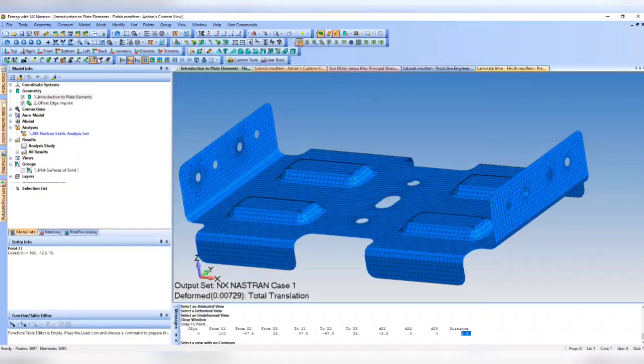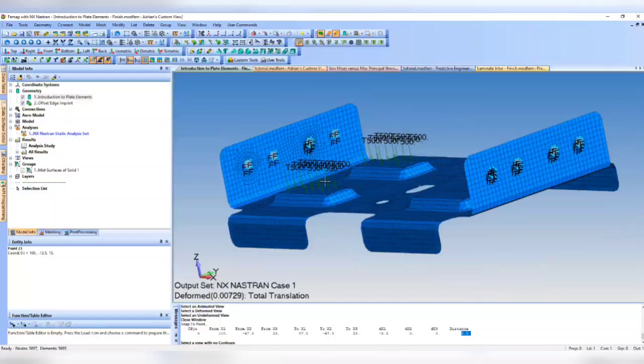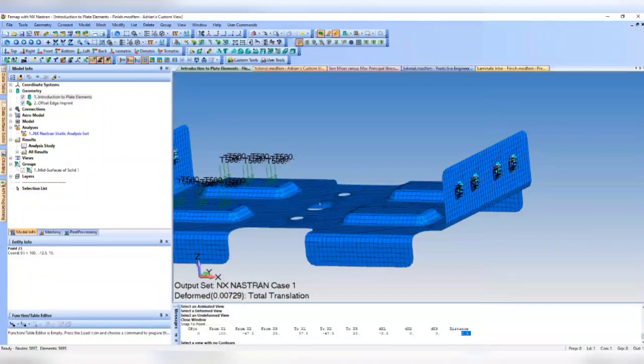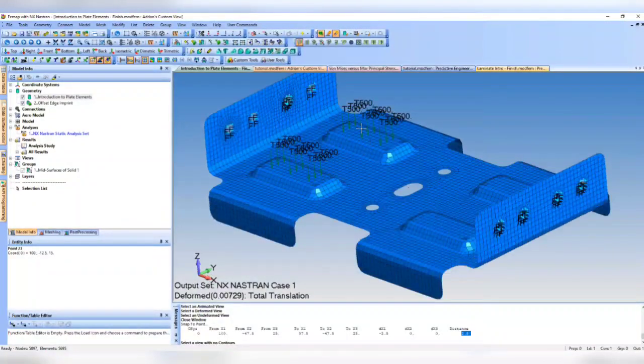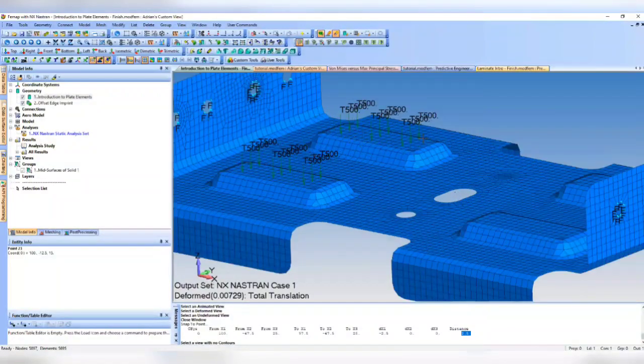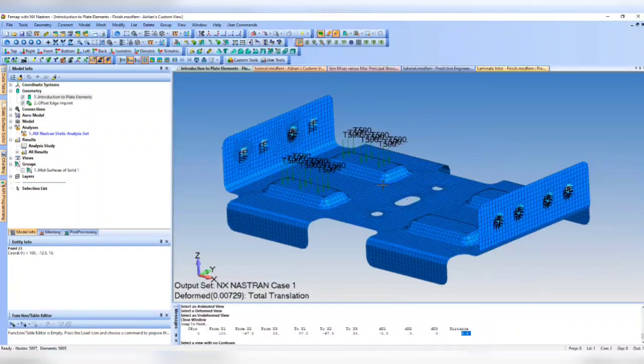Let's say that in terms of constraints, we have it constrained fixed at these holes, and then we apply a loading along these surfaces here. That's what your lead tells you, or what the current domain is. That's where the loading is, and this is where the boundary conditions are.